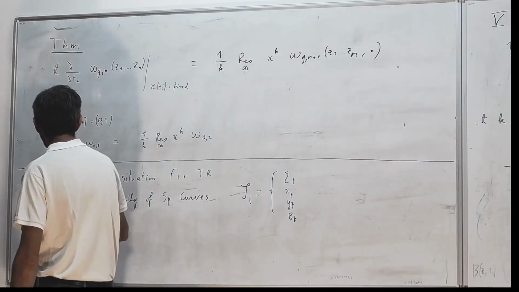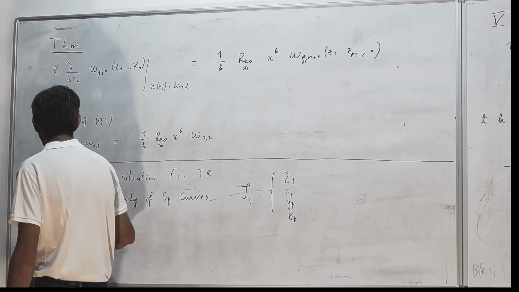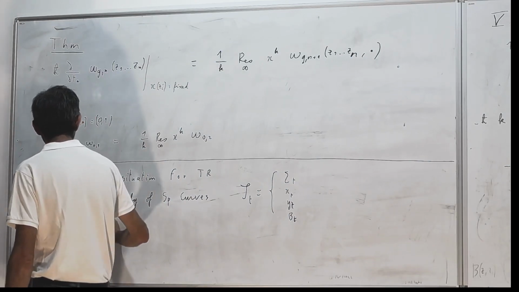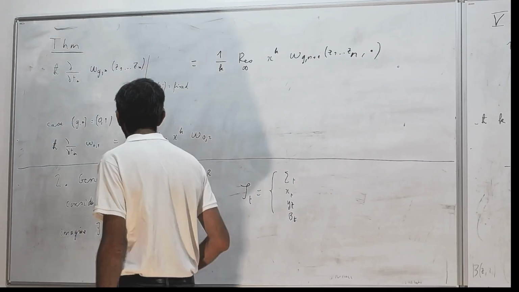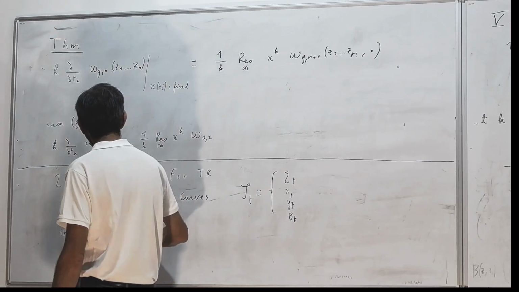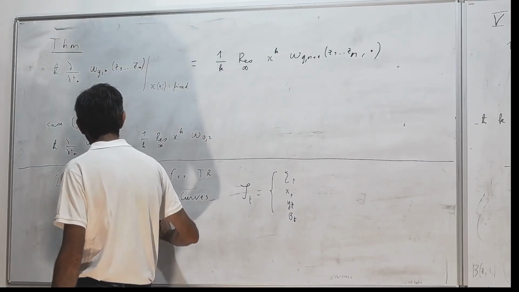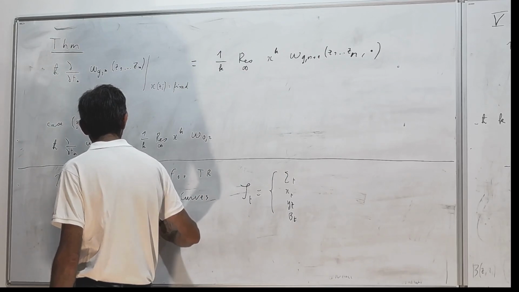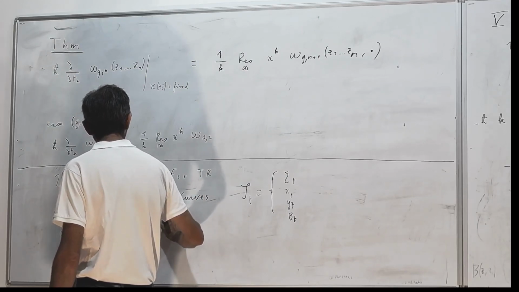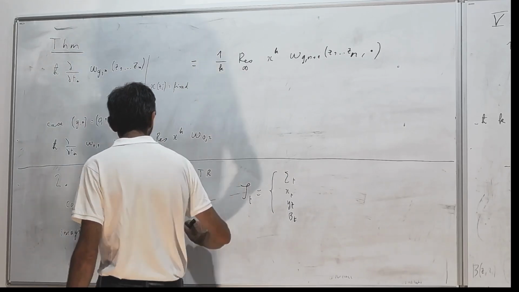But let us assume, imagine, that there exists a linear operator acting on forms.